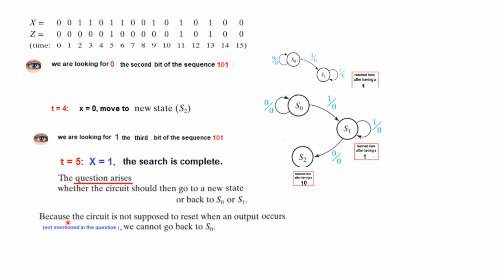Now because this circuit is not supposed to reset when the output occurs, as the question has not given. Sometimes it is given, then the moment you get this sequence, you reset or you start again. But it is not mentioned, so we'll not go to the reset. We cannot go back to S0.